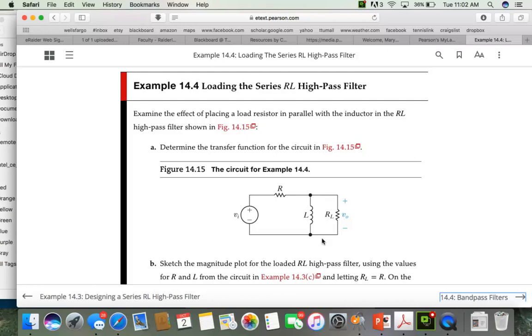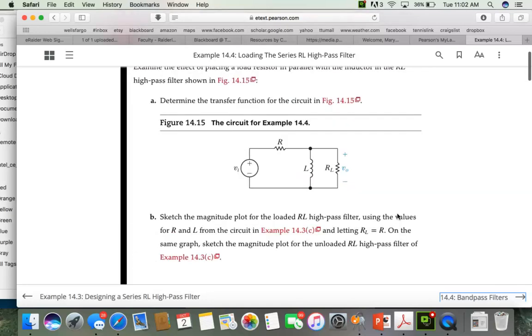Now, whether this is a load where you're actually delivering a signal or some power to something, or maybe it's a load because you're trying to make a measurement, it varies. But typically, you don't have a true open circuit. You actually have some non-infinite value of a load resistor that's hooked to your filter.